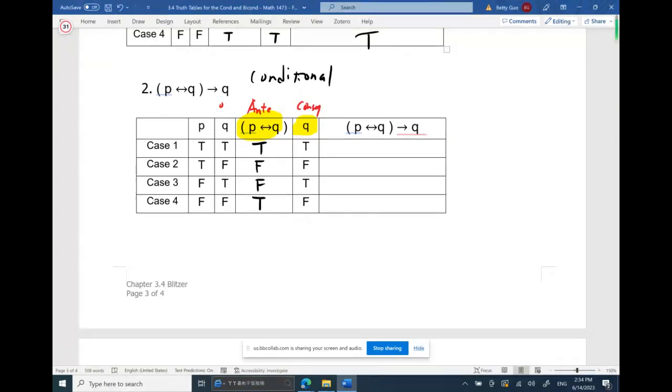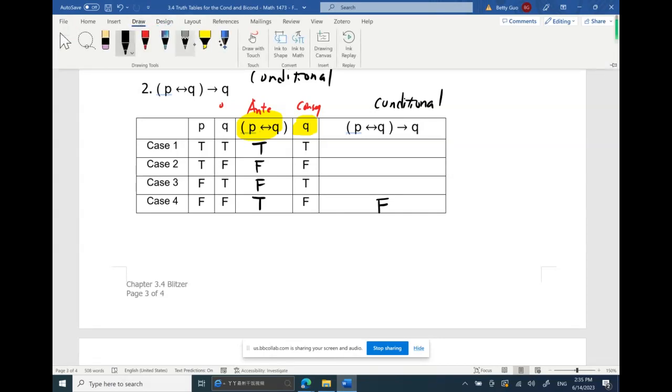Okay, so now we are ready for this conditional. For a conditional to be false, only trusted friends forever. The antecedent needs to be true, the consequence needs to be false. Do you see that?